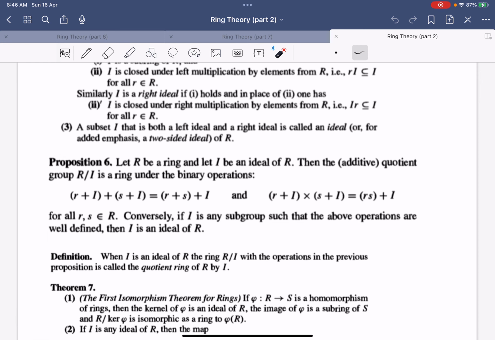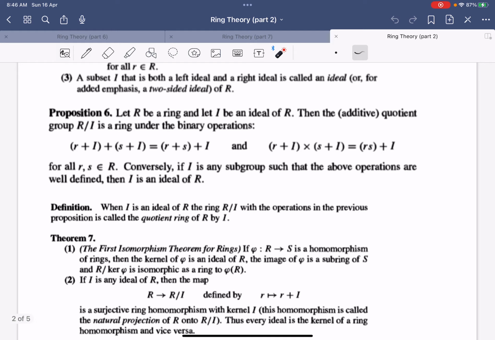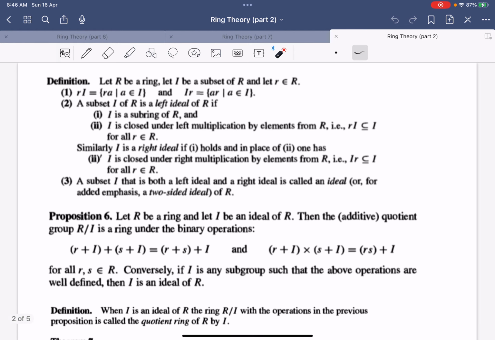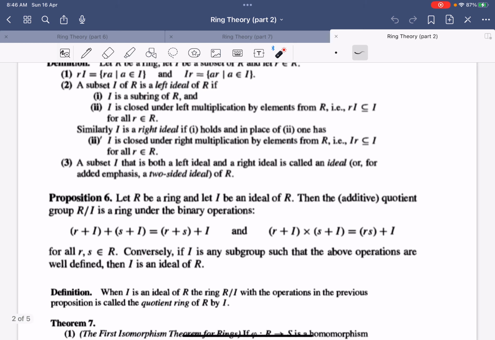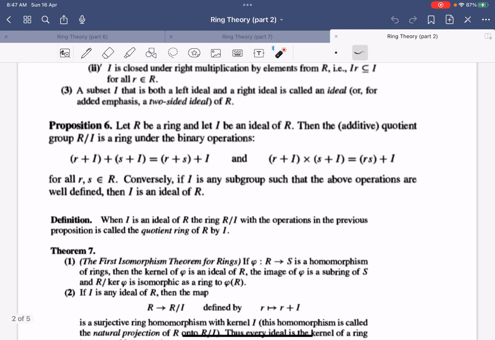You need certain properties of the normal subgroup so that you can define a quotient group. And with this, mathematicians discovered that the property that you really want is this ideal property, where you're closed under multiplication by elements in R. And so when you have that, then you can define the quotient to be well defined.